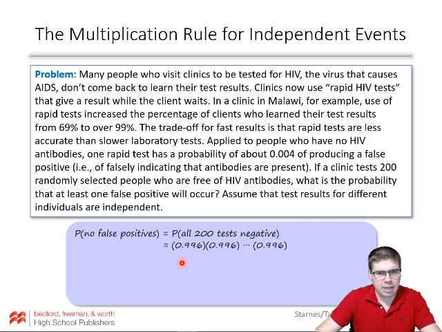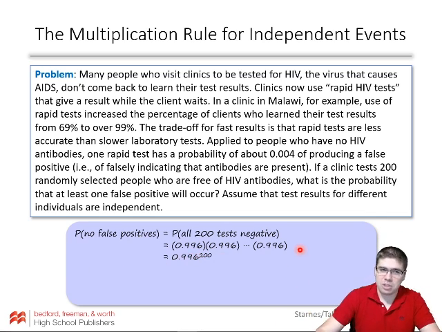We would multiply 0.996. That would be a negative test. There's a 0.004 probability of a false positive, so there's a 99.6% chance that they'll test negative. Then we'll multiply by the next individual and the next individual and the next individual. Rather than doing all the multiplication, we realize that's what exponents are for. We can just do 0.996 to the 200th power. We would have 200 of these multiplied out.